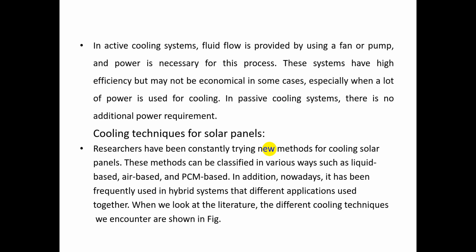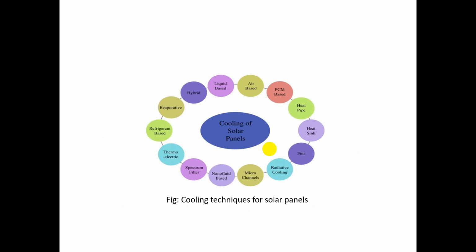In the literature, the different cooling systems available are shown in the figure on the next slide: air based or PCM based systems, heat pipe systems, heat sinks, fins, radiative cooling systems, micro channels, nanofluid based channels, spectrum filters, thermoelectric or refrigerant based, evaporative, hybrid modes, and liquid based or air. These are the different cooling techniques available for solar panels.